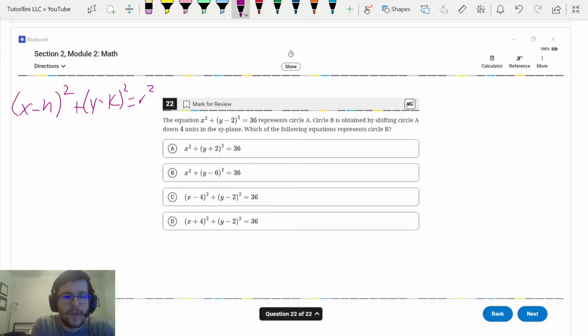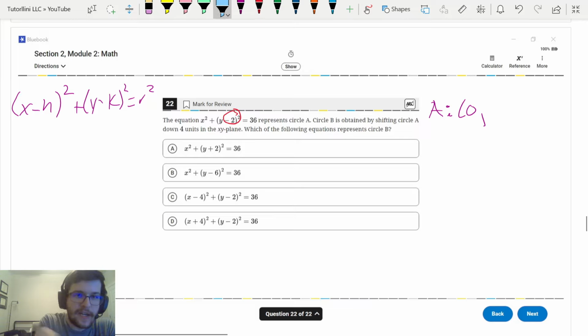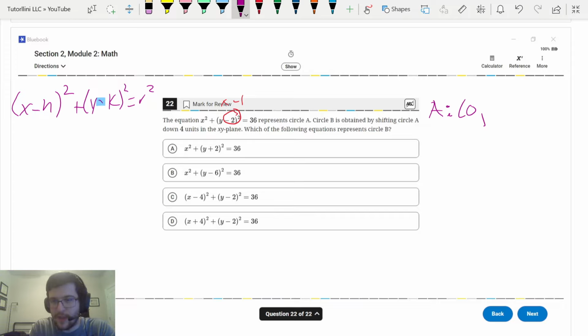So you can see for this one, there's no number next to the x, so that means the x coordinate of the center is 0. And then there's this guy, but remember there's a minus sign in this equation. So we have to multiply that guy by negative 1. Most people would say 0, negative 2. No, it's actually 0, positive 2. And that's probably what the trap answer stems from.